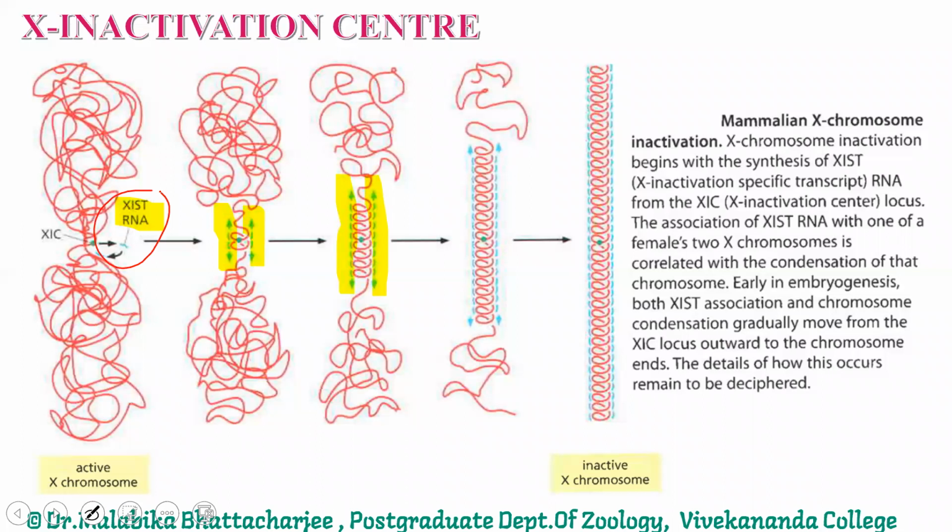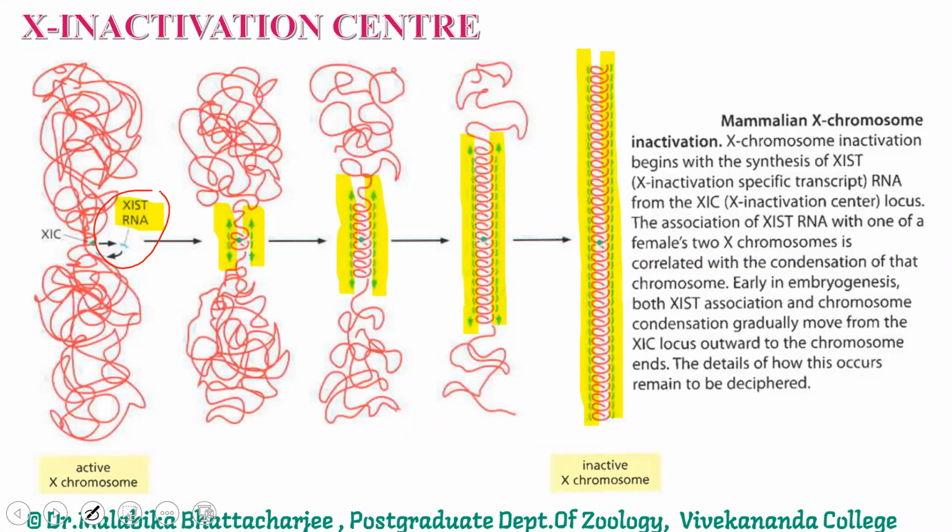As I said, the XIST RNA coats the X chromosome from which it is transcribed, spreading out in both directions from the XIC region. In the process of spreading out, it recruits enzymes responsible for chromatin remodeling.